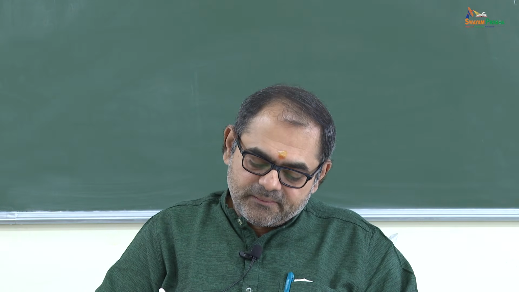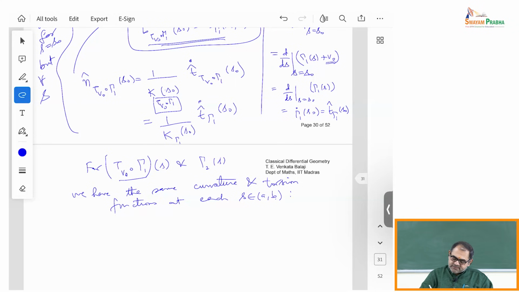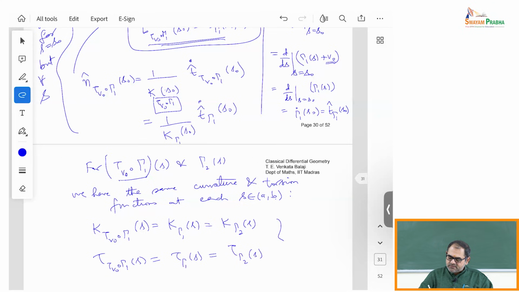So let me write this: curvature of T_v0 circle gamma 1 of s is the same as curvature of gamma 1 of s is the same as curvature of gamma 2 of s. This is by hypothesis. And torsion of T_v0 circle gamma 1 of s is equal to torsion of gamma 1 of s is equal to torsion of gamma 2 of s. This is for all s in AB.